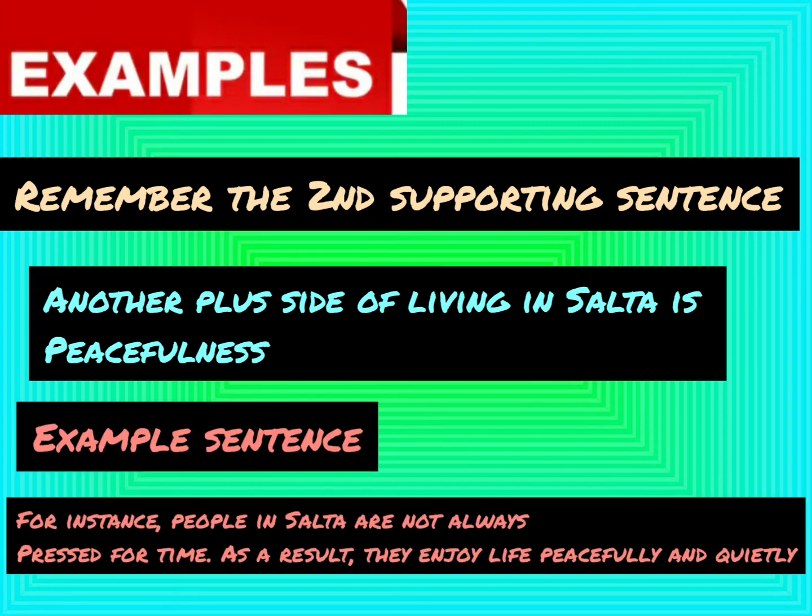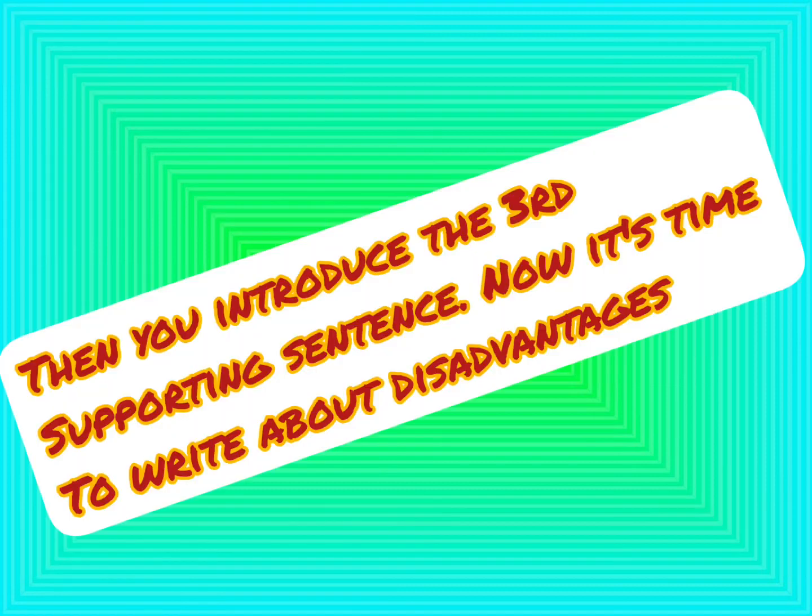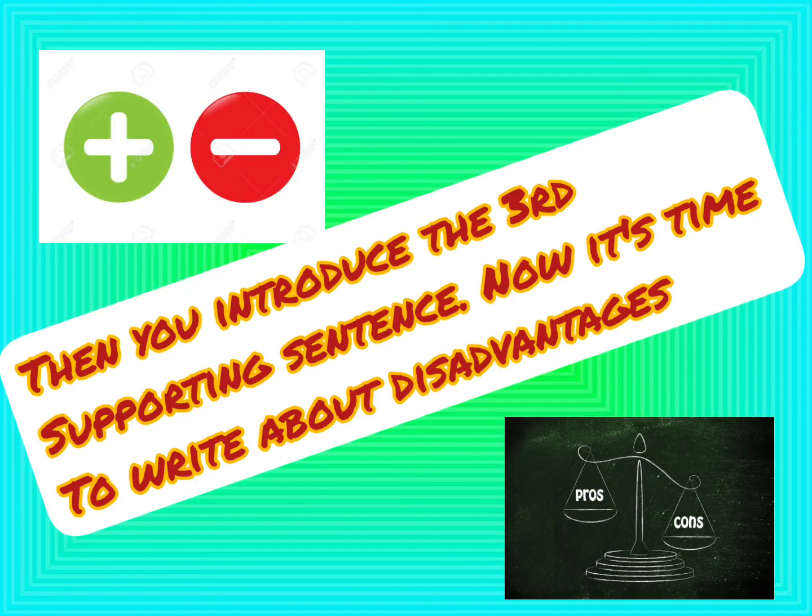For instance, people in Salta are not always pressed for time. As a result, they enjoy life peacefully and quietly. So then you introduce the third supporting sentence. Now it's time to write about the disadvantages, and you decide, obviously, what the disadvantages are.